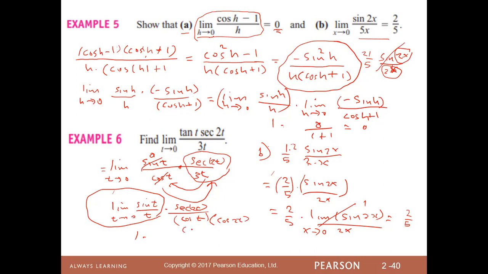Cosine 0 is equal to 1. And here, cosine 0 also equals 1. So I have cosine 0 multiplied by cosine 0, so this is 1. So what is the ultimate value? Equal to 1. Clear? The limit equals 1.